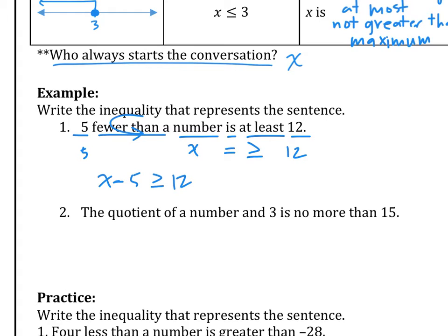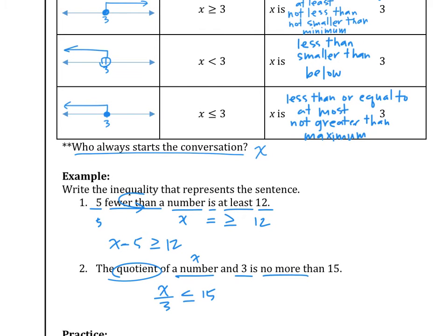Okay, next. The quotient of a number. Quotient, remember, is the result of a division problem. A number, some random variable, and 3, so x over 3, is no more than. No more than means it is at most something. So no more than 15. If you forget at any given time, just go back to this chart.